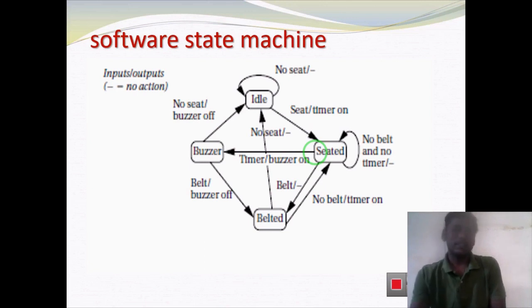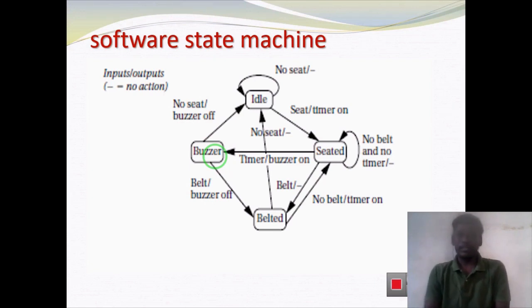Once the threshold value is reached and the person still has not worn the belt, the control signal will be generated and reach the buzzer in order to make an alert signal. So we get an alert sound, from which we can understand that the person is still not wearing the belt.